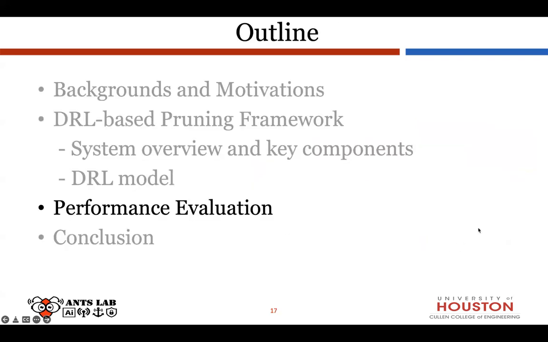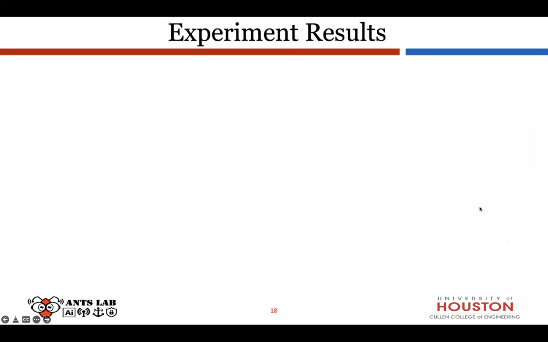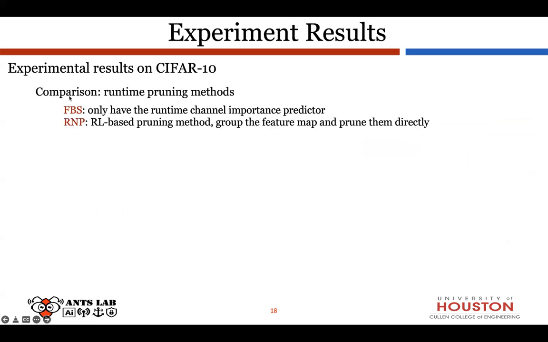Next, let's move to the performance evaluation part. They take their experiments on the CIFAR10 dataset, and they have two comparison baselines. They are both runtime pruning methods. One is FBS, and I have already introduced this method previously.